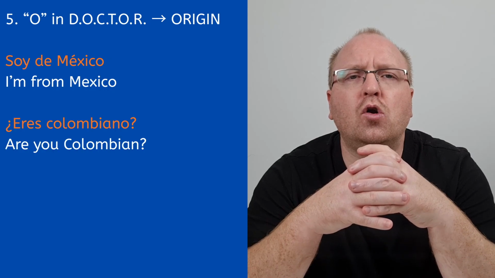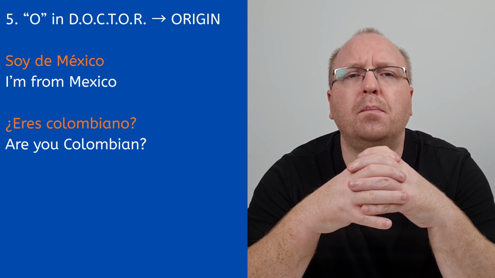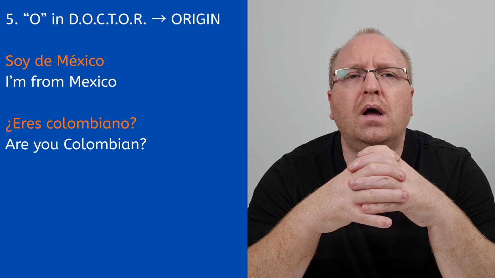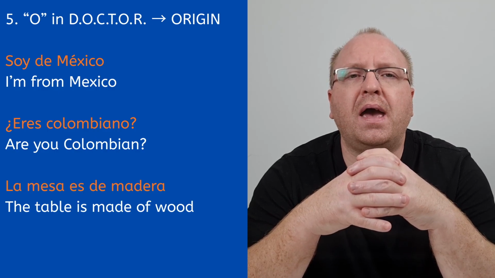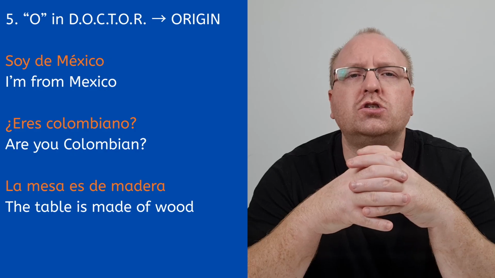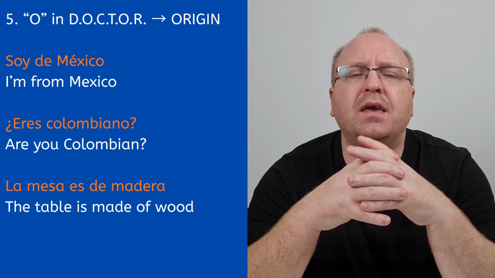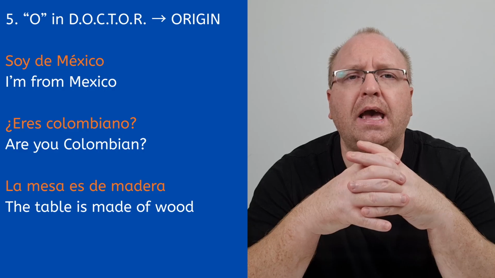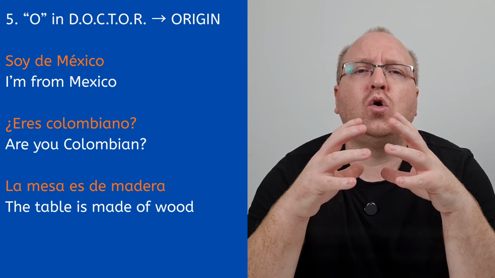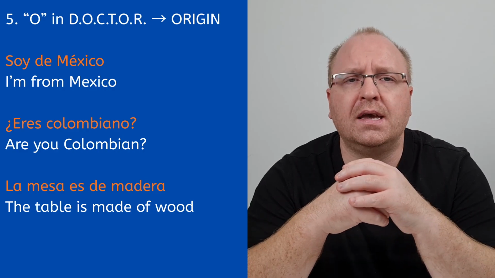Or, eres colombiano, are you Colombian? Or, la mesa es de madera, the table is made of wood. Ask yourself, am I saying where something comes from or what it's made of? If yes, then use ser, because you're talking about a core part of who or what it is.